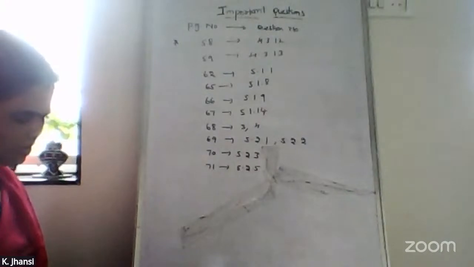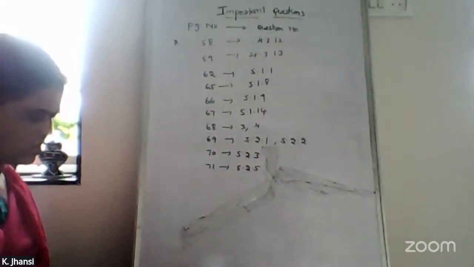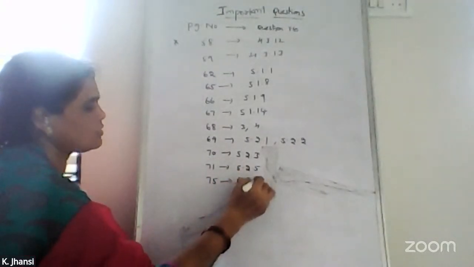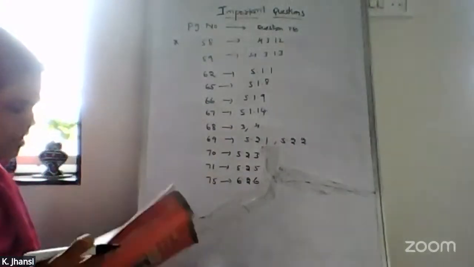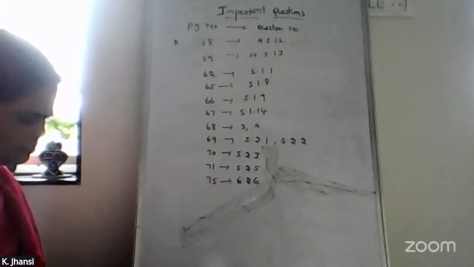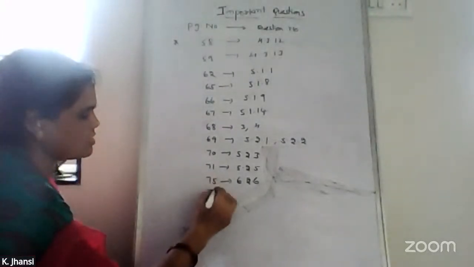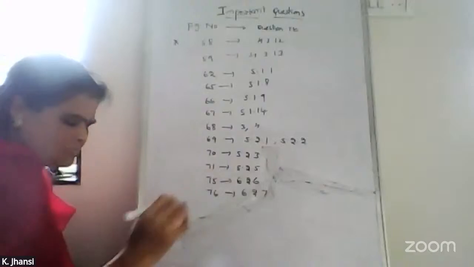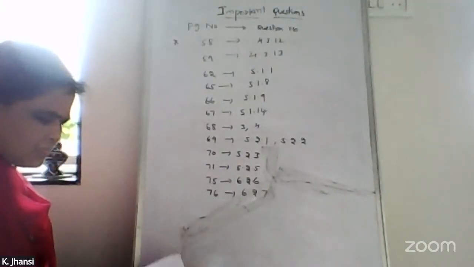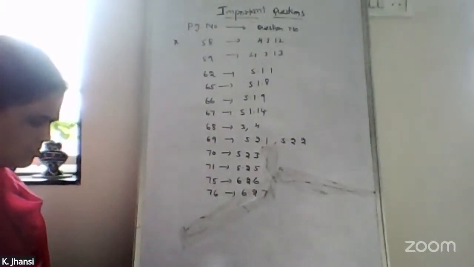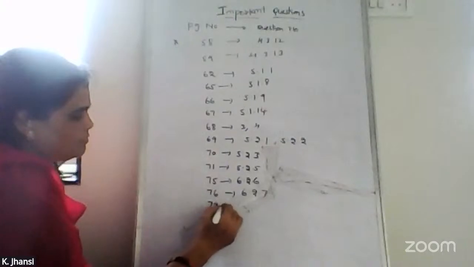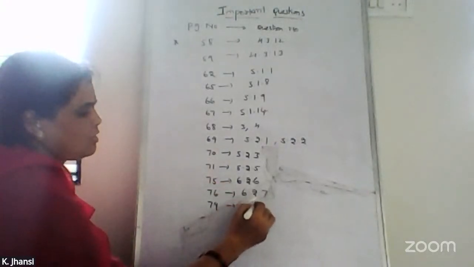This is about the fifth unit. Next we have the sixth unit. Page 75, 6.2.6. Next 76, 6.2.7. 79, 6.3.2.